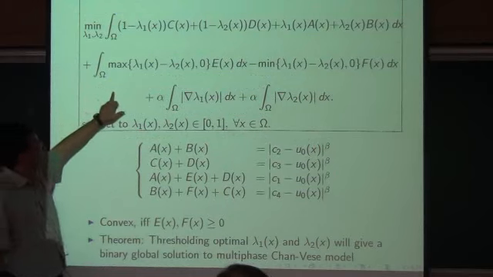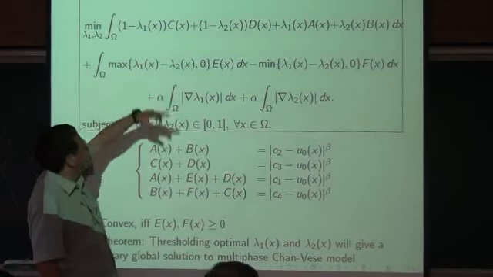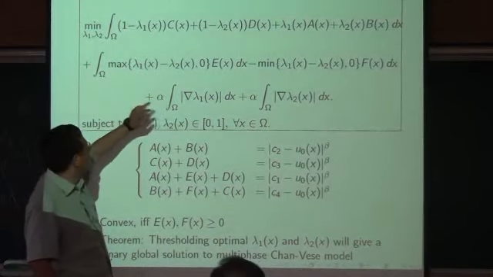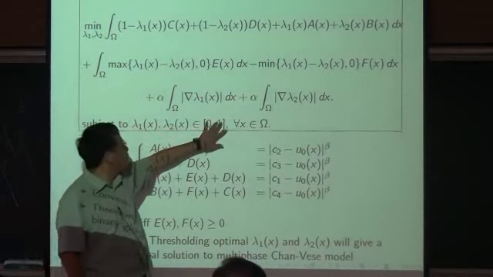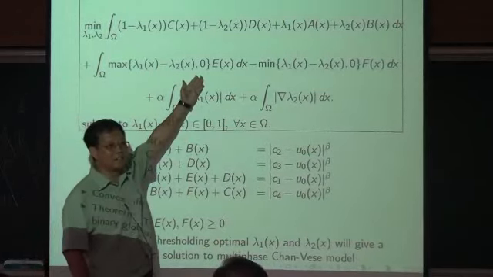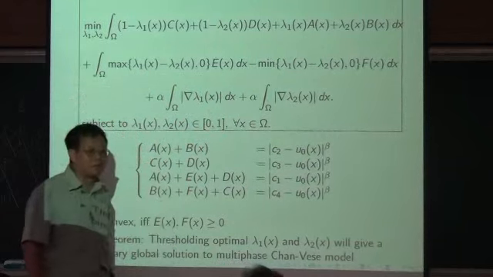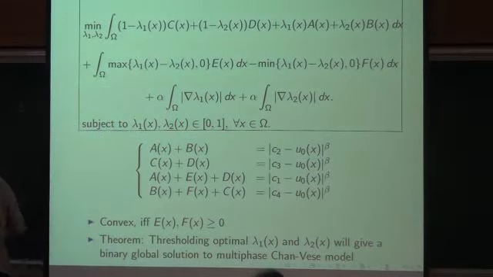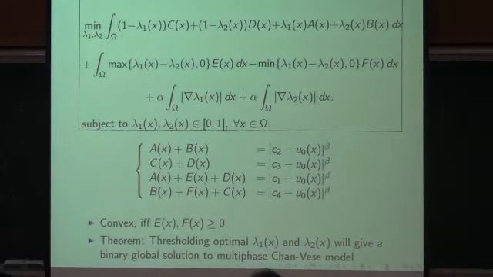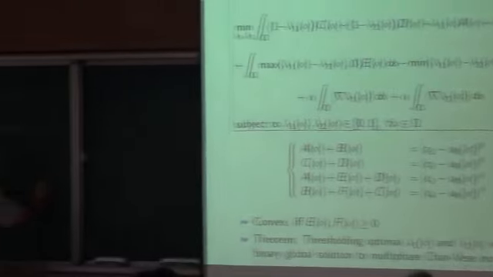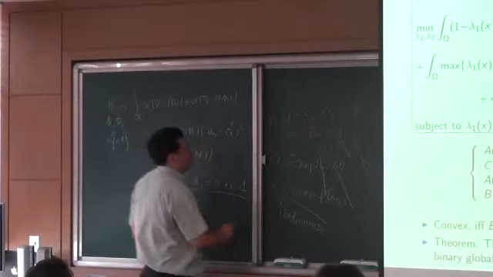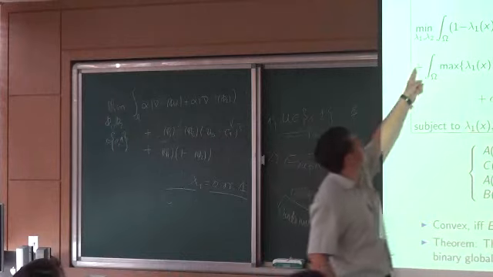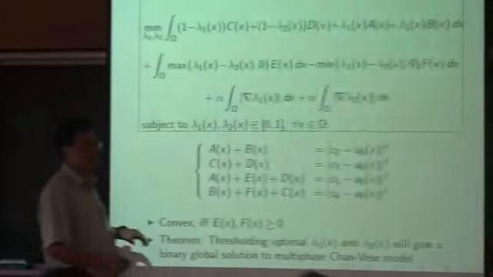In fact, for this problem, it's quite complicated. If lambda 1, lambda 2 equal 0, 1, in fact, this functional is exactly equal to the previous one. So in case lambda i equals 0 or 1, the functional will minimize here. It's very complicated.